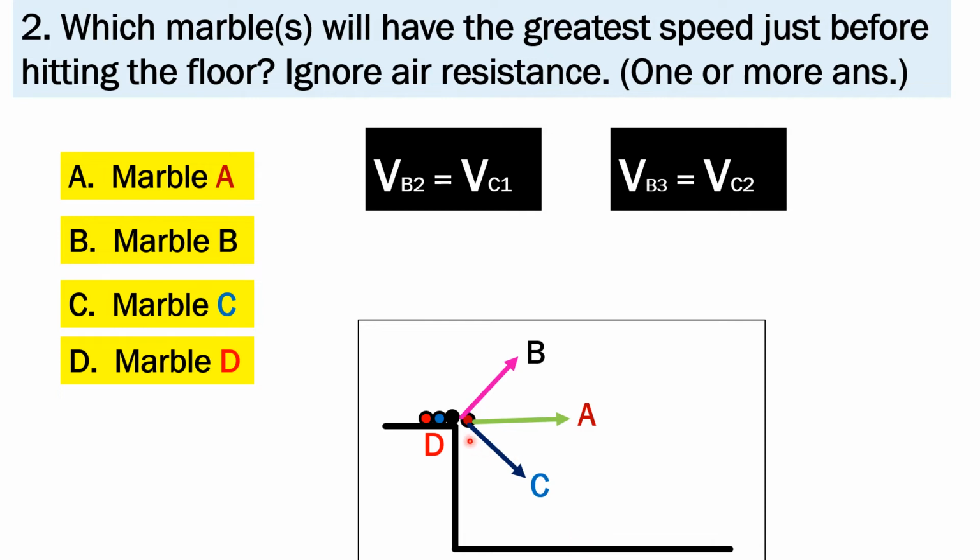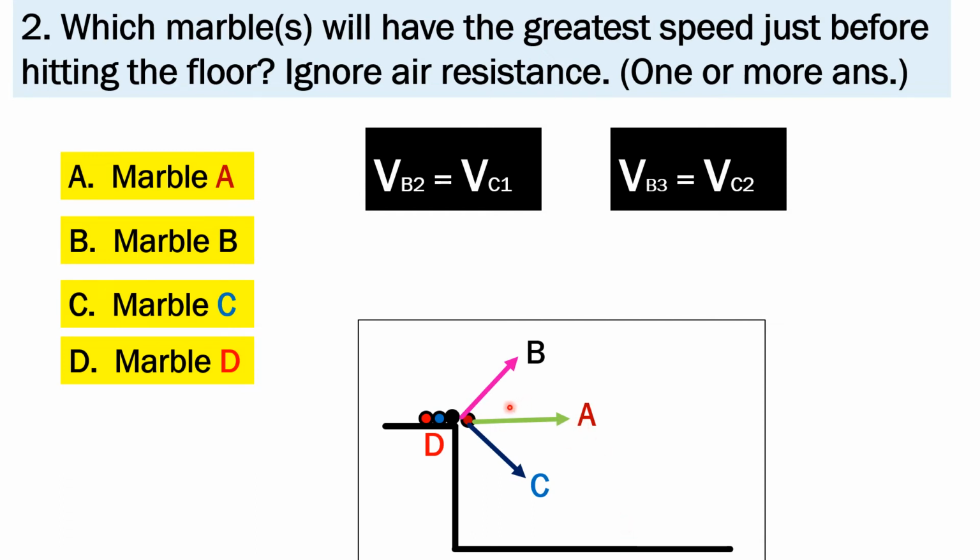Because it has an initial vertical component of its velocity, and surely upon reaching the floor, it will have a higher vertical component of the velocity compared to marble A.